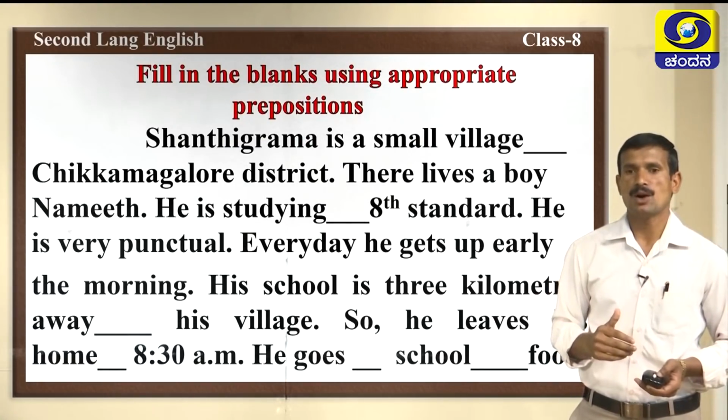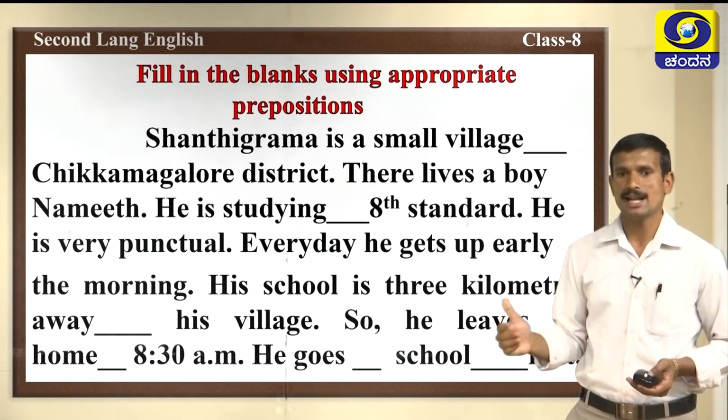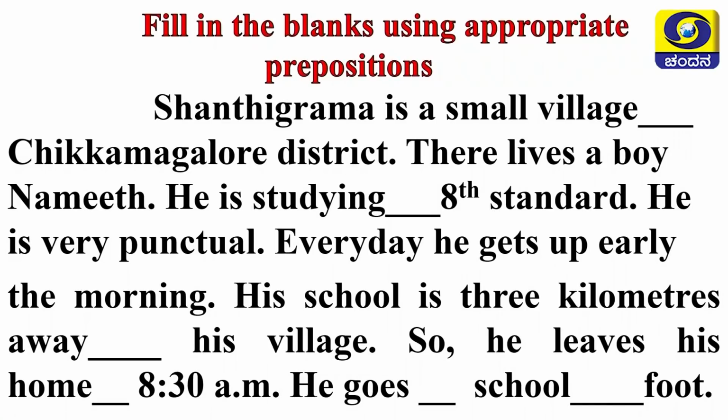Shanthigrama is a small village, dash Chikkamagalore district. There lives a boy, Namit. He is studying dash 8th standard, is very punctual. Every day he gets up early dash the morning.